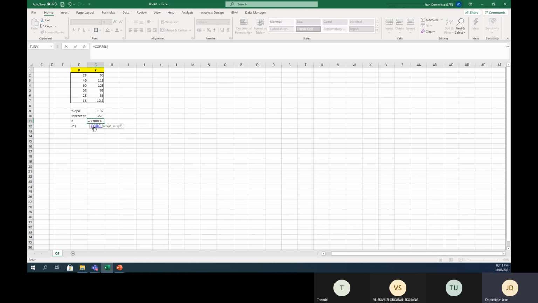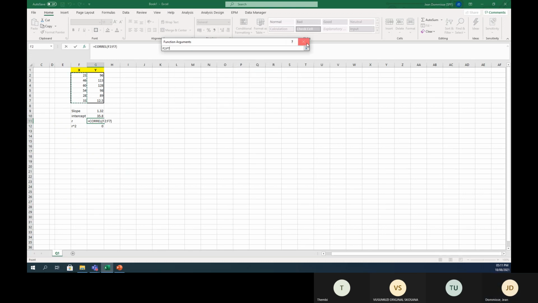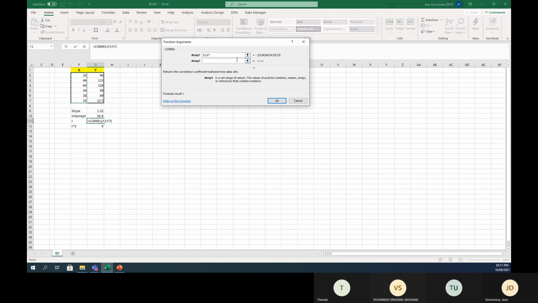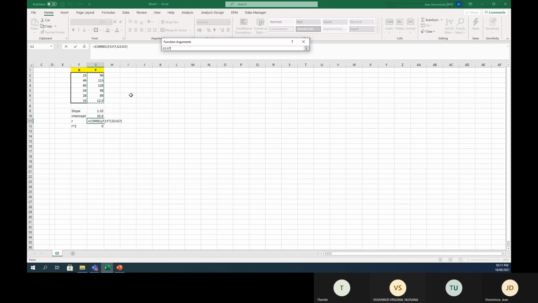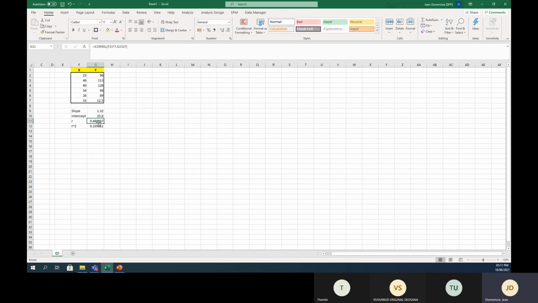If we needed to have a correlation, it would have been 0.48 or 0.49 probably if I round it off, and I automatically made that the square root of a correlation so that we can get the determination as well.